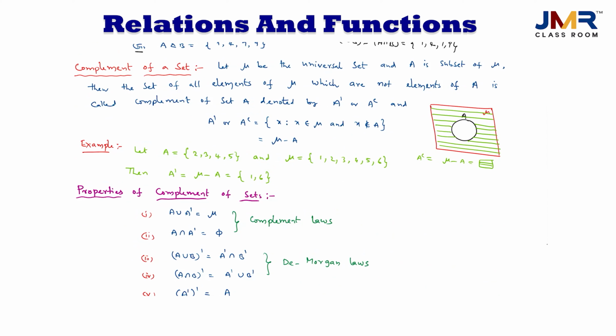So mu is the universal set and A is a subset of mu, then the set of all elements of mu which are not the elements of A is called the complement of the set A, denoted by A dash or A complement. A complement equals mu minus A. You have to remove those elements which are present in A from the universal set. It is mu minus A.